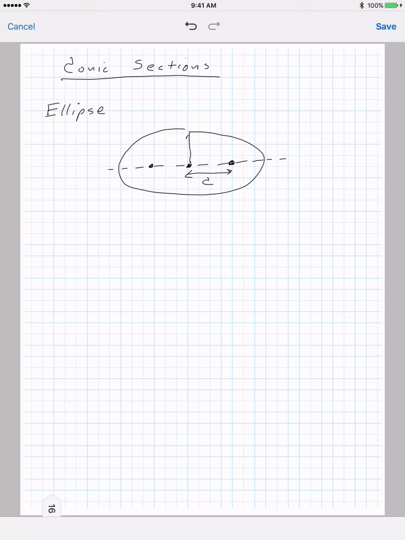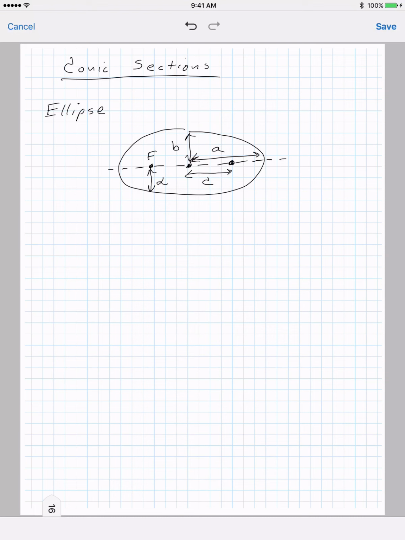B is the semi-minor axis, and A is the semi-major axis. Then at one of the focal points, I can look at this lateral distance here. I'm going to call this alpha.